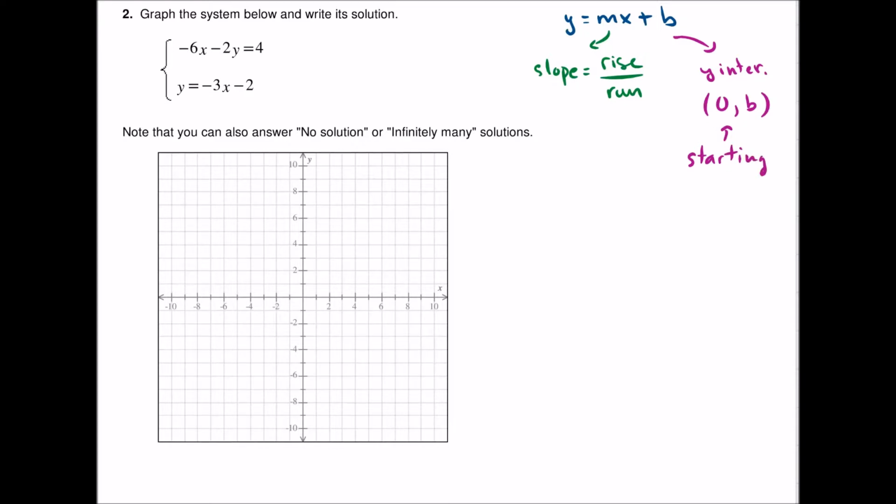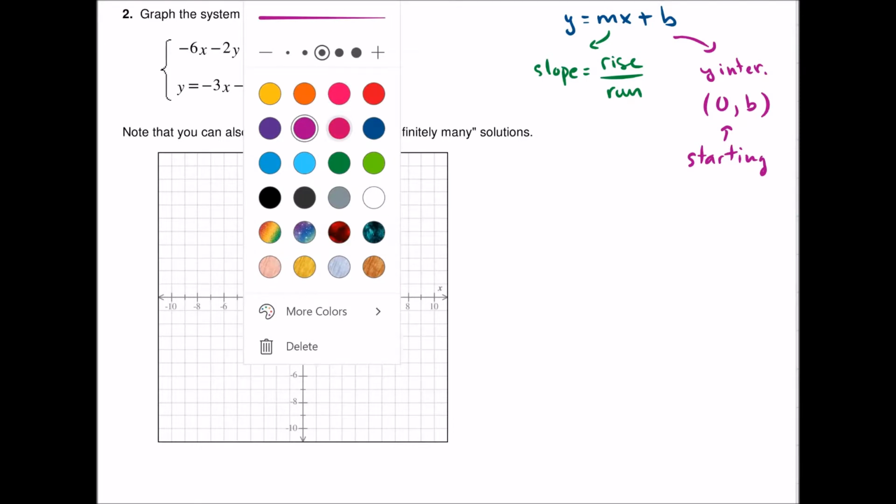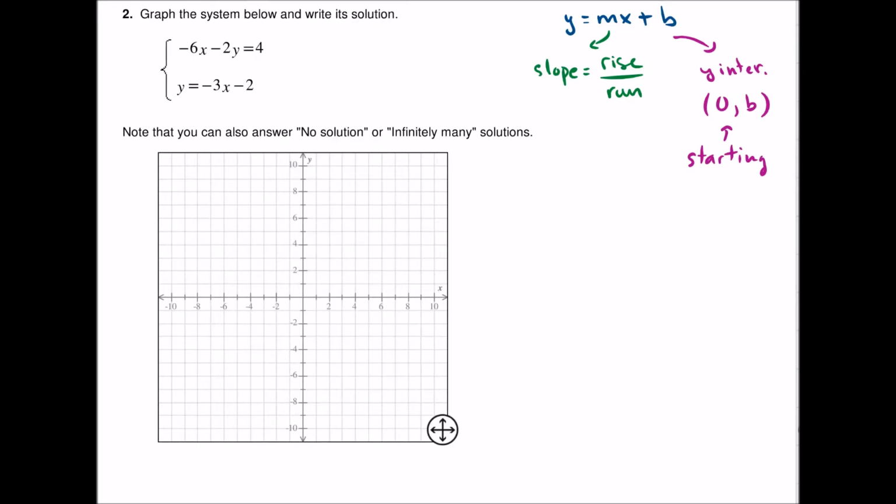So the first equation, you have negative 6x minus 2y equals 4. To get y by itself, like the form that we have earlier, we're going to add 6x on both sides. Negative 2y equals 6x plus 4.